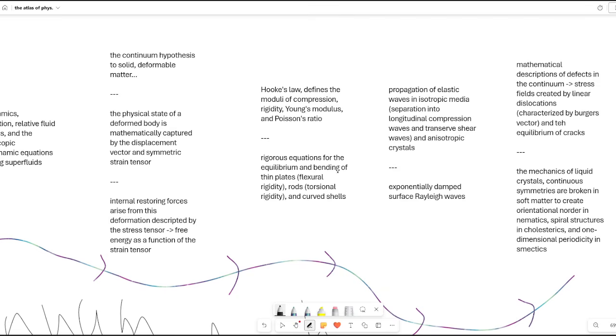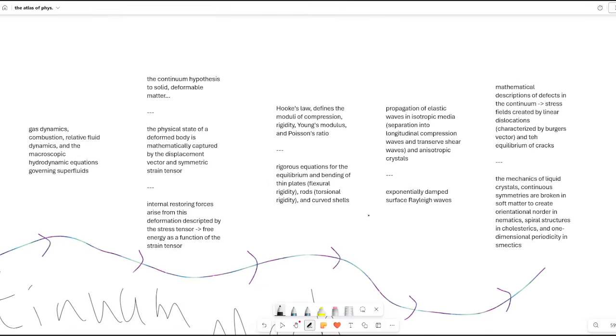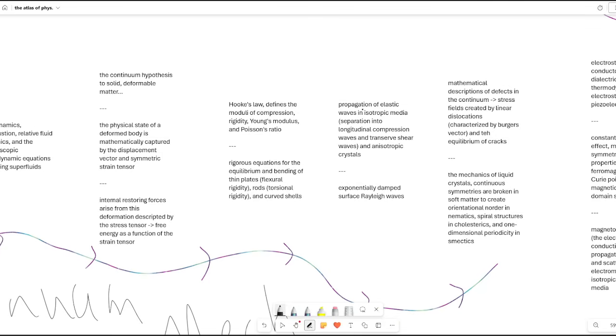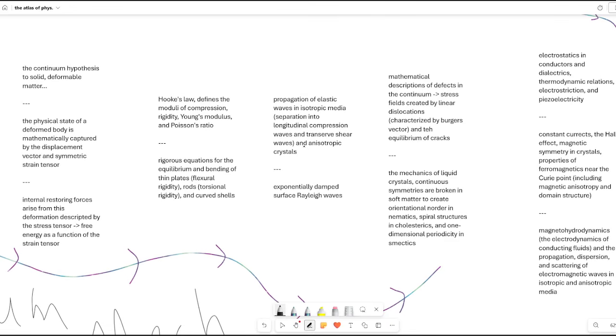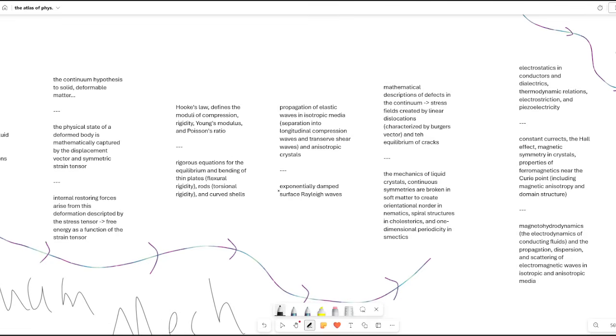The rigorous equations for equilibrium, bending of plates, like flexural rigidity, torsional rigidity of rods and curved shells, the propagation of elastic waves in isotropic media, so if we separate longitudinal compression waves and transverse shear waves, anisotropic crystals, and exponentially damped Rayleigh surface waves.